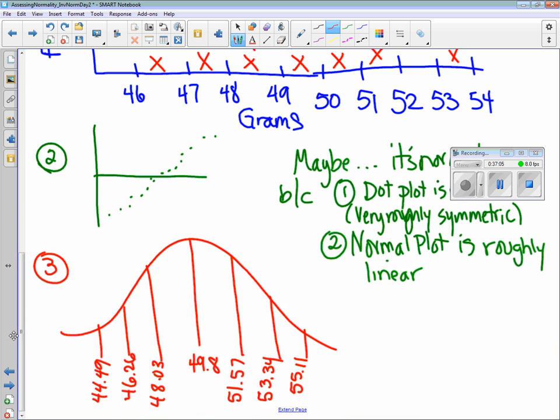If the data is normal, 95% of the data should be between what and what? Shouldn't 95% be between here and here? Oh, I'm sorry. Let's start with 68. You're right. So within 1 standard deviation, we're looking at 68, right?